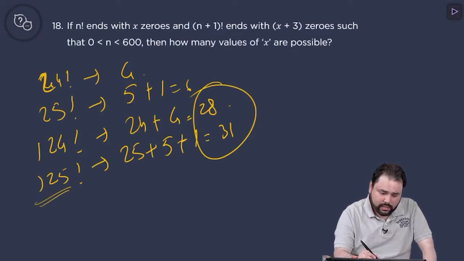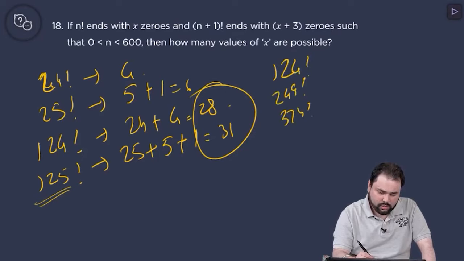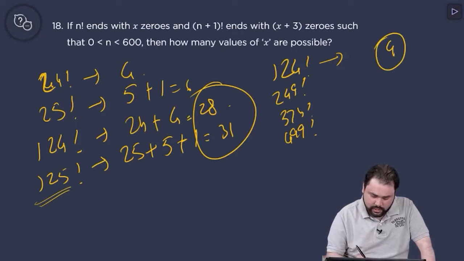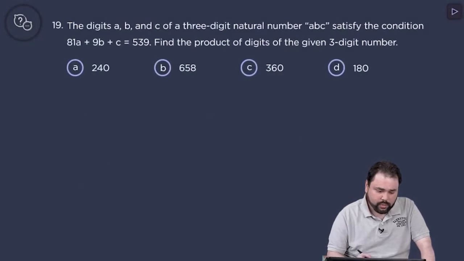So 124 factorial, 249, 374, 499. Corresponding will be 125, 250, 375 and 500. So 4 values. Okay, I have 2 more minutes. I need to be quicker.